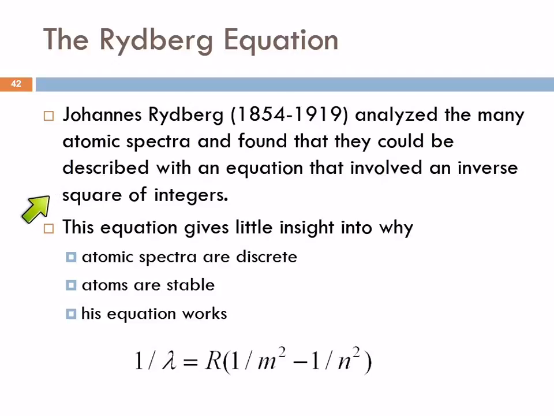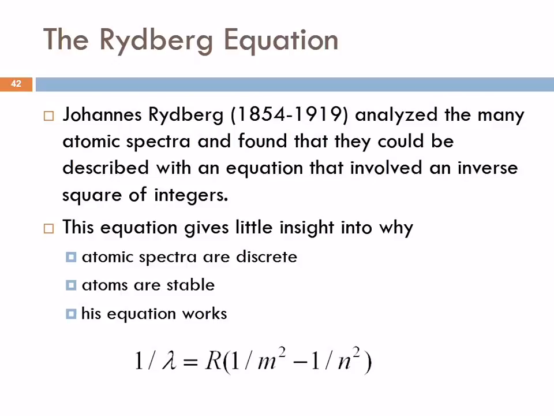And he came up with an equation, and it involves the inverse square of integers. And so he found that 1 over the wavelength of the line was equal to some constant times the quantity 1 over m squared minus 1 over n squared, where m and n are just integers. Could be 1 and 5 or 2 and 3, but we can describe the lines that occur based on that.